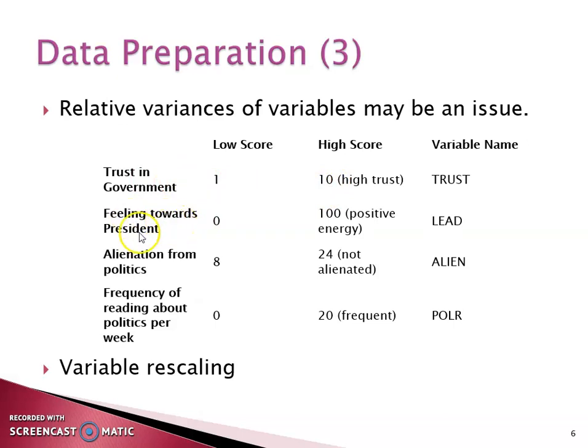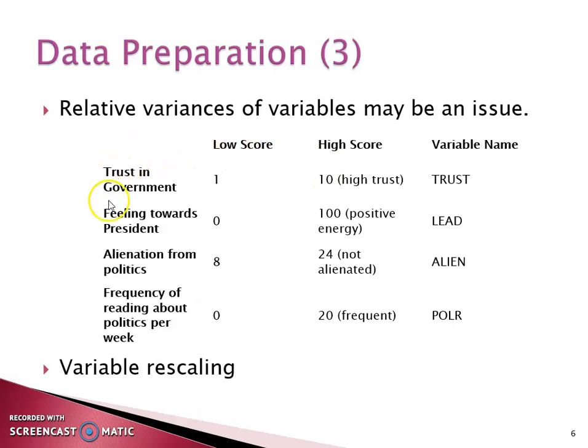For feeling towards the president, the possible range is from 0 to 100. So this is 10 times higher. And you have 2 more variables that range from 8 to 24 and 0 to 20. Those 2 are similar. So when you get the variances of the 4 variables, the variance of the second variable could be 100 times higher than the first variable.